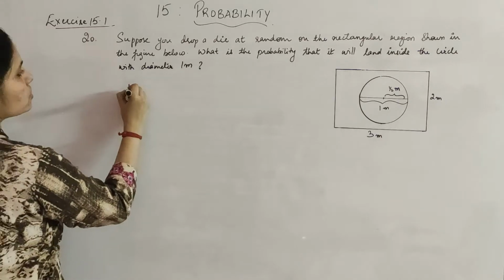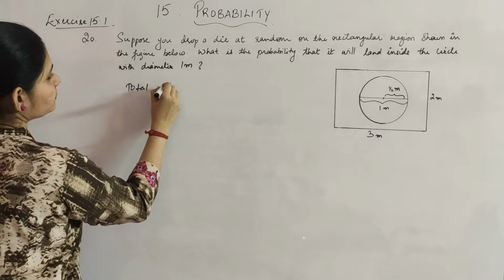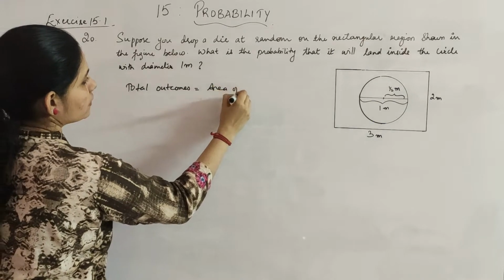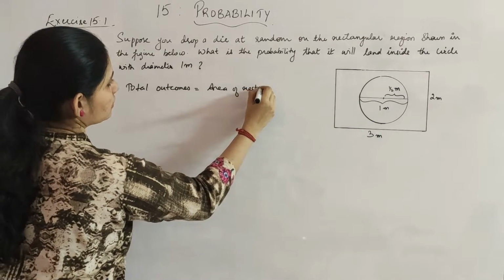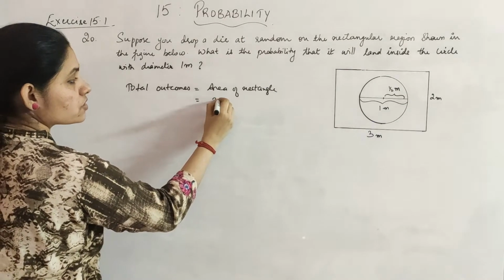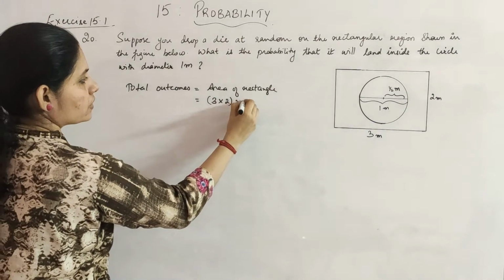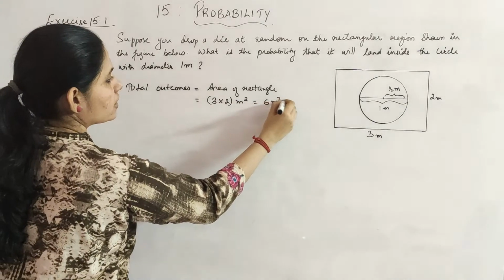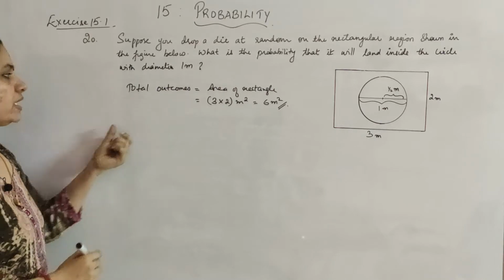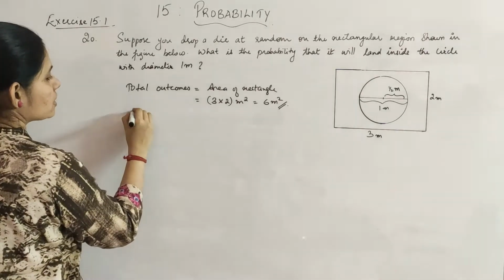Okay, so the total outcome is equal to area of rectangle, which is 3 into 2. Okay, so you will get 6 meters square as the area of the rectangle, and that will act as the total outcome.